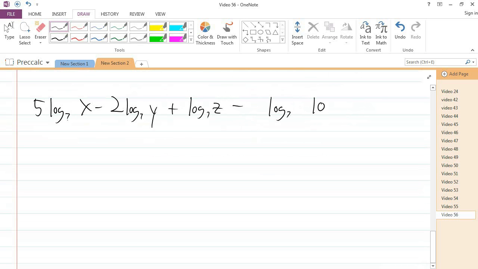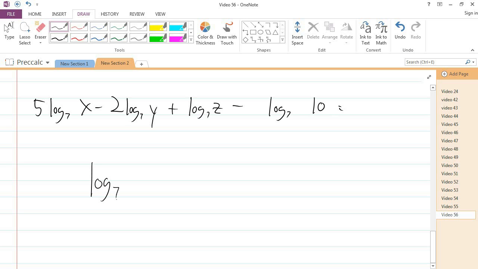Suppose that I want to take all of these little logs and write them as a single log. Well, remember what I said. If it's positive, put it in the numerator and multiply it together. If it's negative, put it in the denominator and multiply it together.